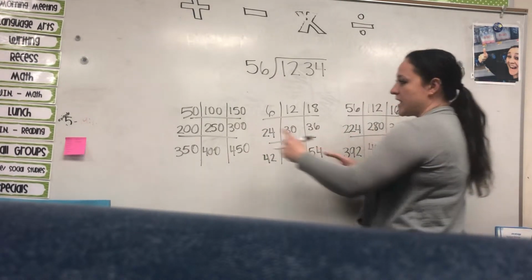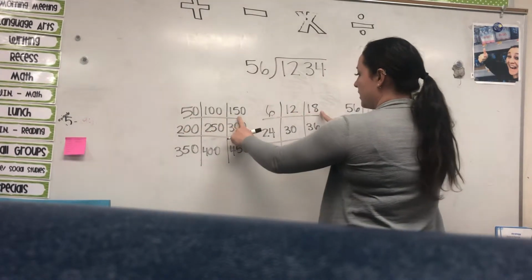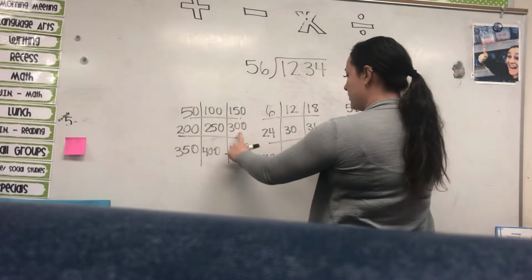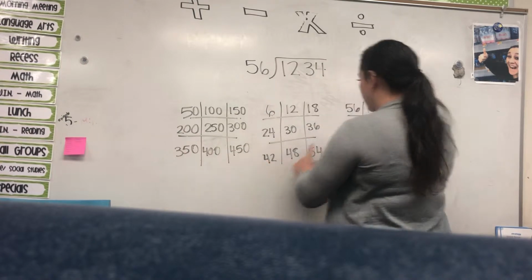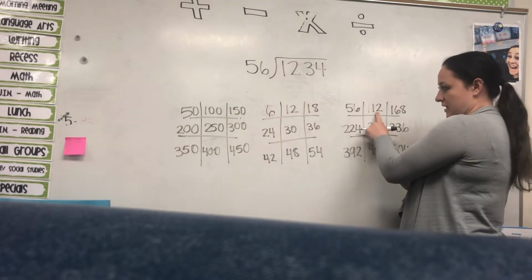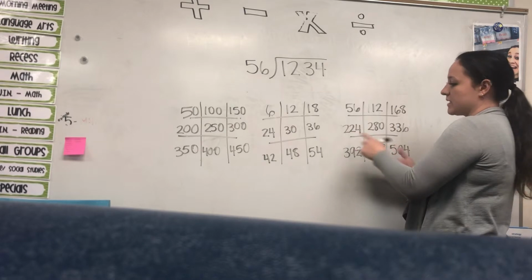Okay? So just adding the numbers that are in the same spot, and that will represent 56 times 1, 56 times 2, 56 times 3, and etc.